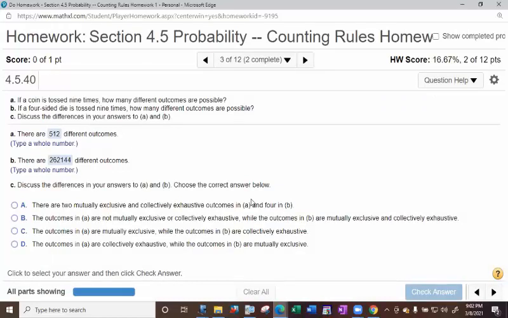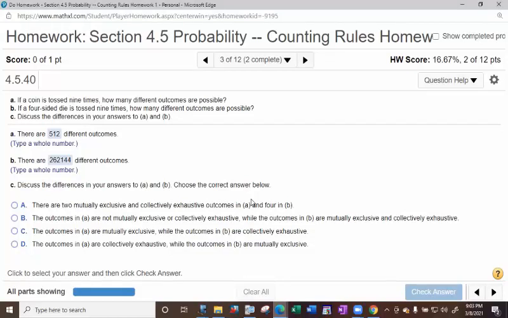All right, discuss your differences to answers A and B. This is kind of tricky. Mutually exclusive outcomes.